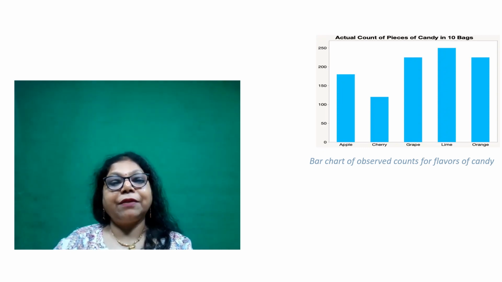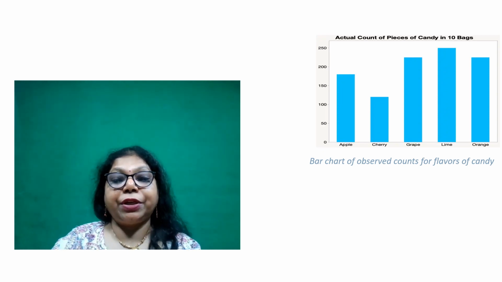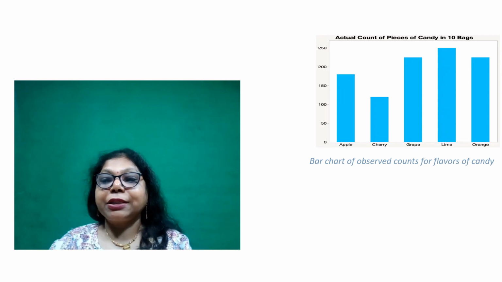This makes sense if we look at the original data. If your favorite flavor is lime, you are likely to have more of your favorite flavor than the other flavors. If your favorite flavor is cherry, you are likely to be unhappy because there will be fewer pieces of cherry candy than you expect.